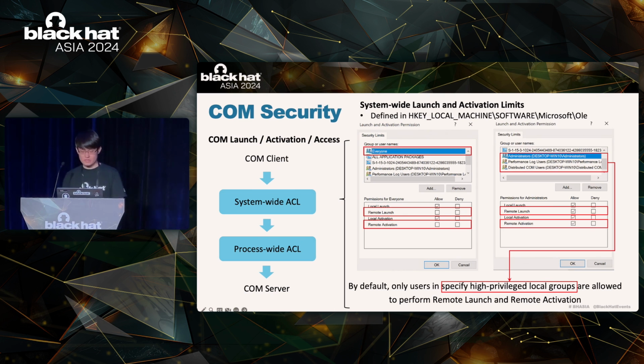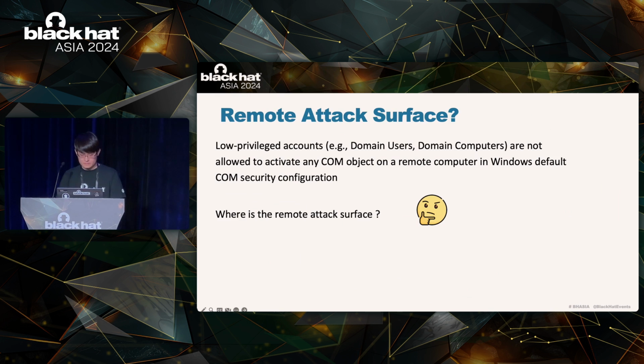In the default system-wide ACL settings, only users in specified high-privileged local groups, like the local Administrators group and the Distributed COM Users group, are allowed to perform remote launch and remote activation. Therefore, by default, a normal domain account cannot launch and activate any COM object on a remote machine.